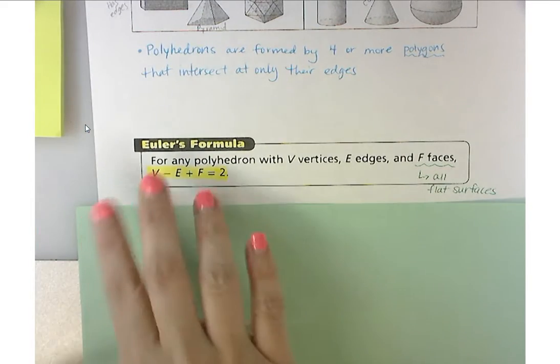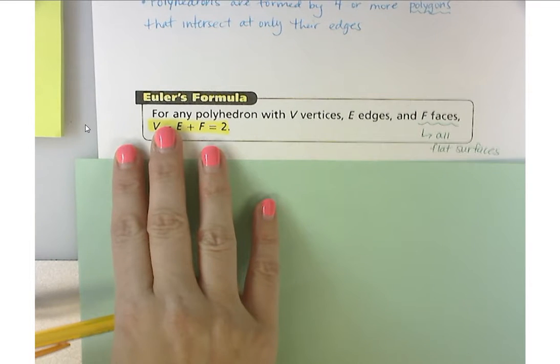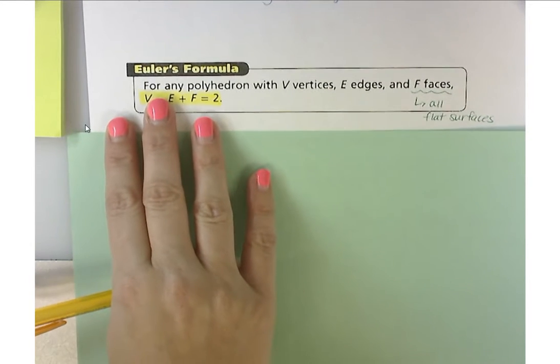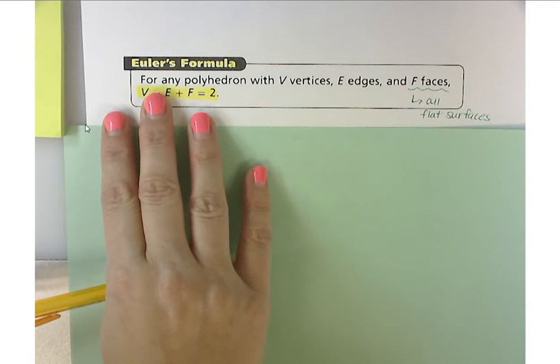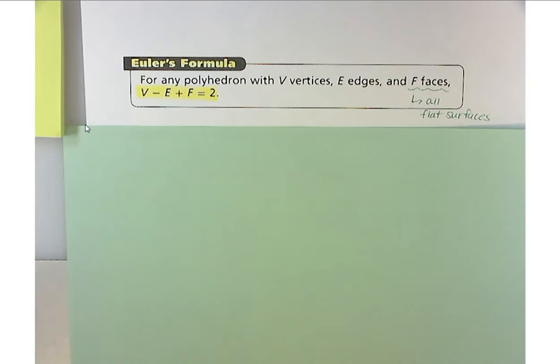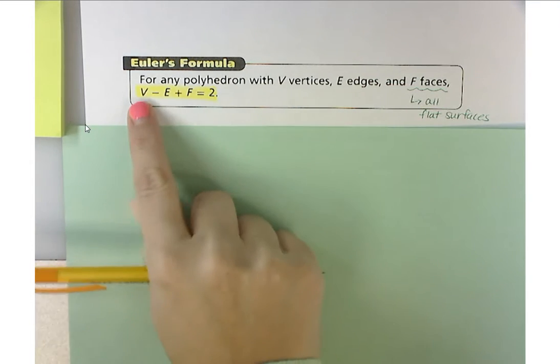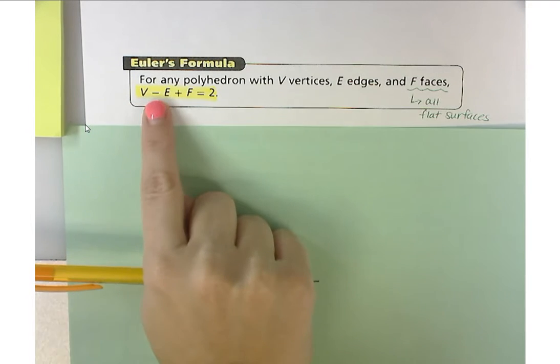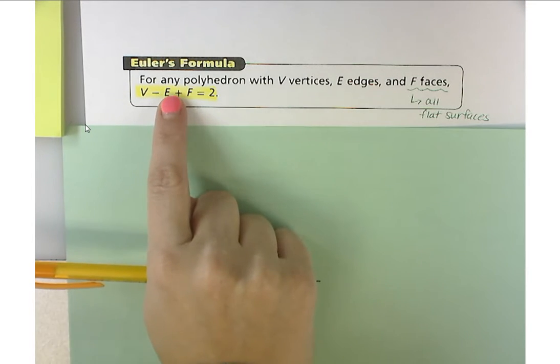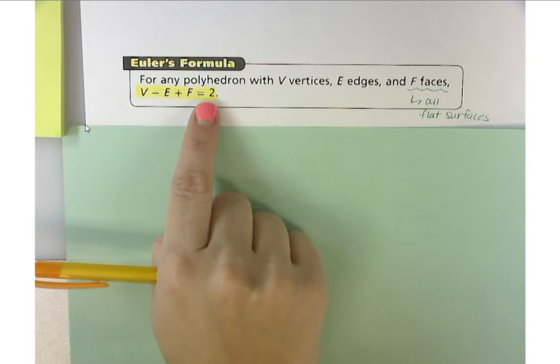So what we have is this formula called Euler's formula. Euler was a mathematician that influenced many geometric properties. He wrote a full book on it. And the formula that he came up with is for any polyhedron with V vertices, E edges, and F faces, you could do the number of vertices minus the number of edges, add the number of faces, and you would get 2.